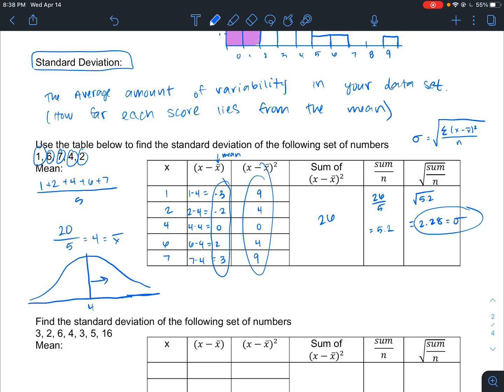So one standard deviation to the right would be 4 plus 2.28, which would be 6.28, right? And then you could go again for another standard deviation, and then you can go to the left. Okay, so it's seeing how much the data is going away from the center.